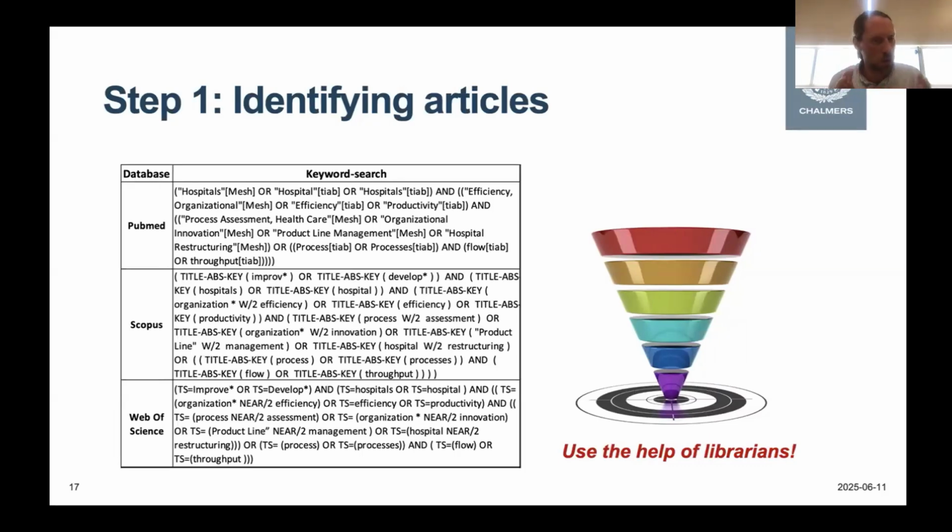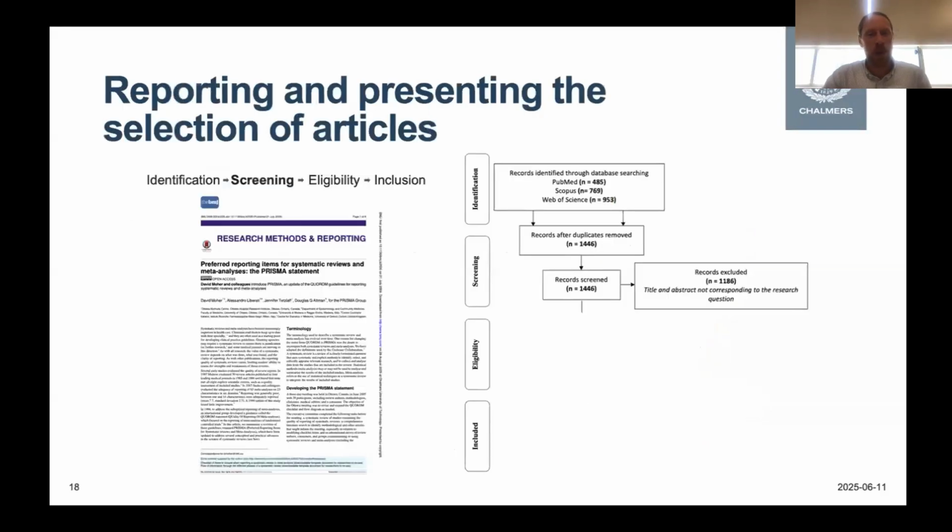Because if you don't do a good translation, then you might get a completely different search in the other database. And the goal of doing it in different databases is that you may not find all articles in just one database.